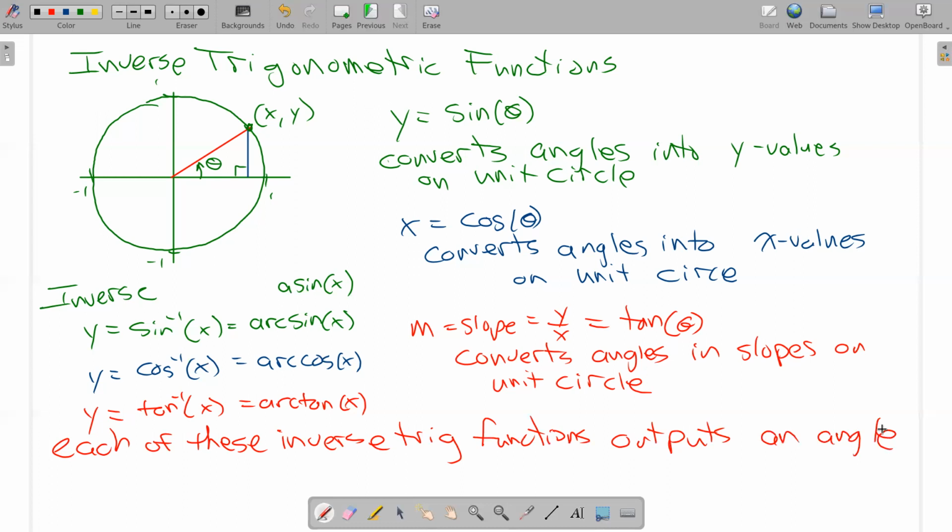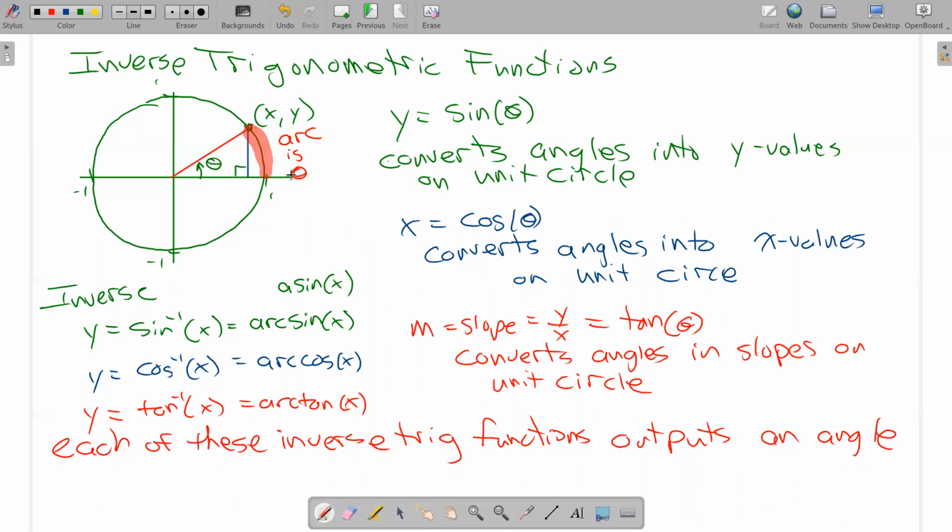Now on the unit circle in particular, I'll zoom out of the way, there you go. The angle is the same as the arc length. So that right there, that arc is theta.